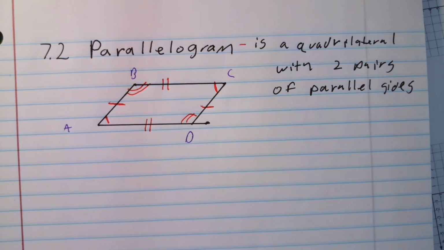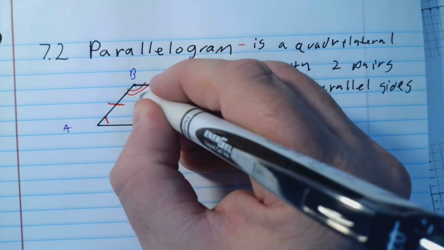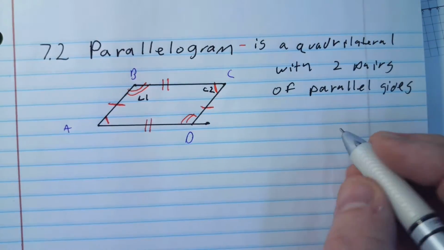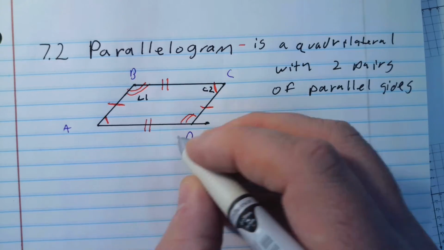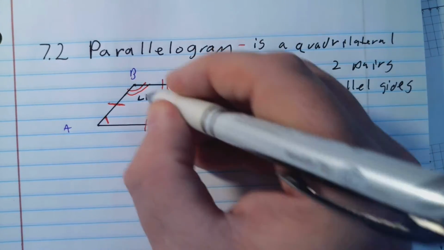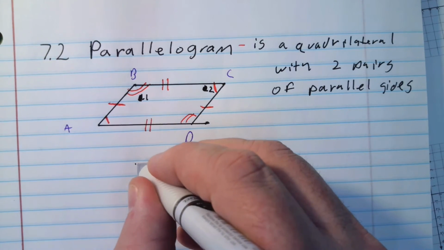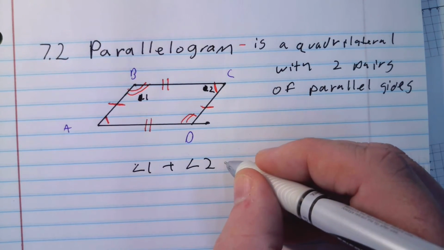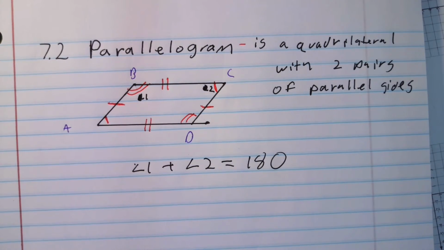Okay. So just using this one right here, I'm going to call this angle 1. I'm going to call this angle 2. Just using those two, basically what theorem 7.5 says is that if you add angle 1 and angle 2, it's going to equal 180. Okay?